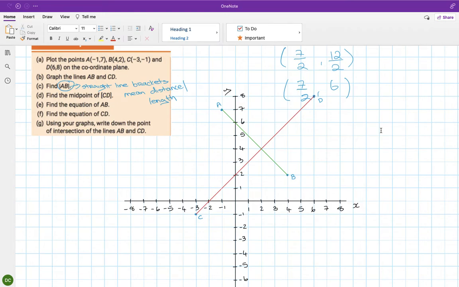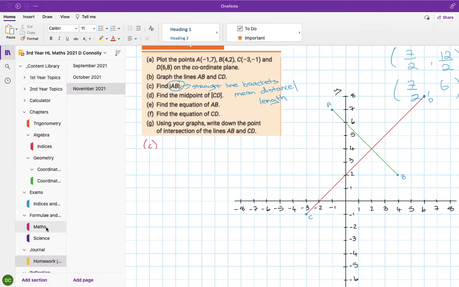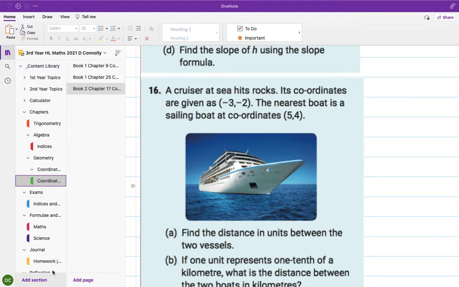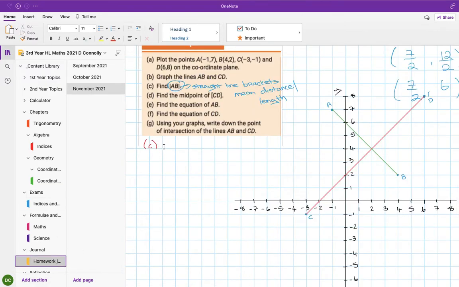Okay, so we go into our table book. We're doing coordinate geometry. We want length, so it's here highlighted in blue. We'll go back into our journal and I'm going to add it in here.